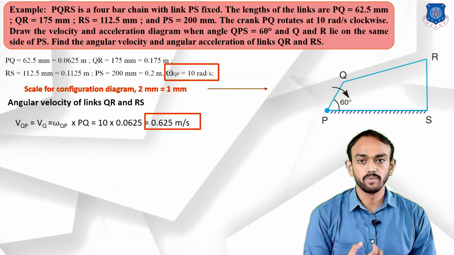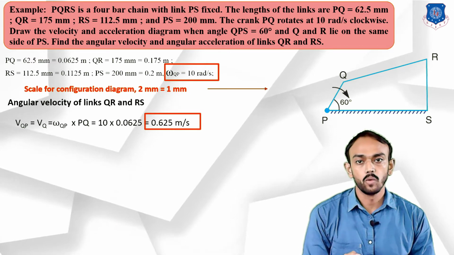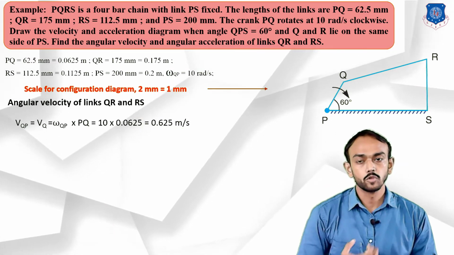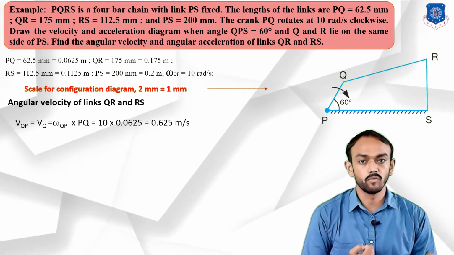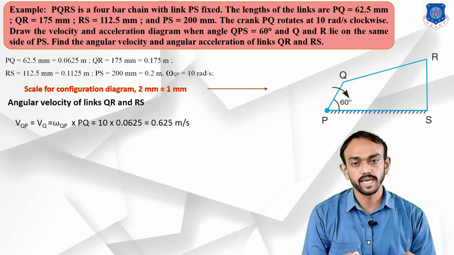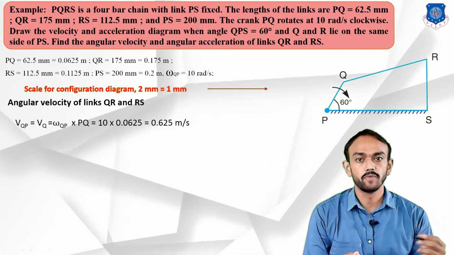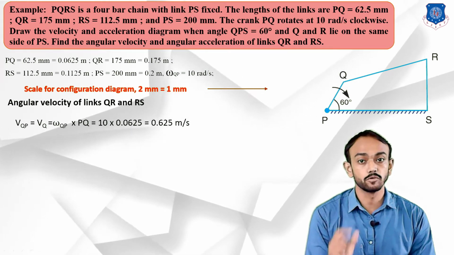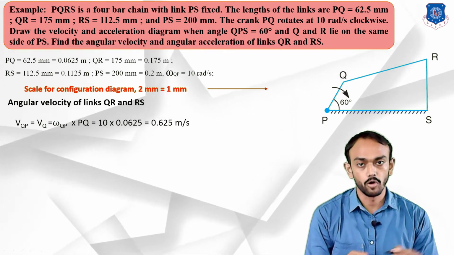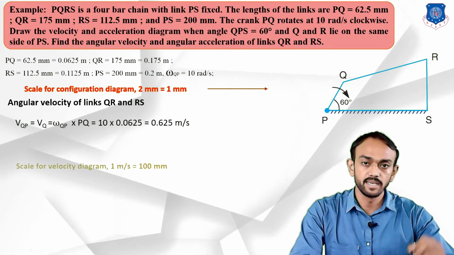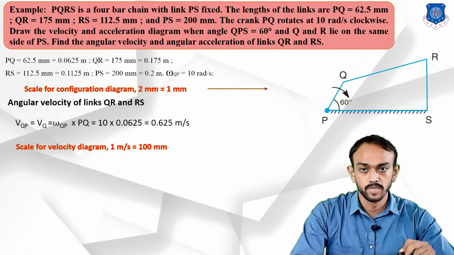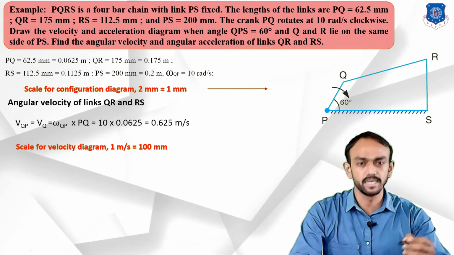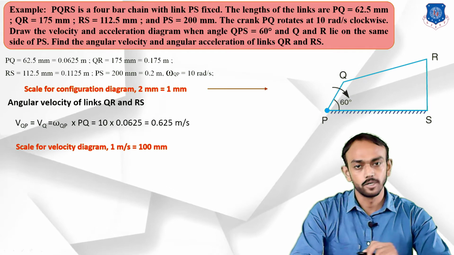For that, first of all we have to take a scale. Since 0.625 meter per second is a very small number, we have to take a larger scale so you can draw very easily. So we will take 1 meter per second equal to 100 mm. So this dimension will become 62.5 mm, around 6 centimeters, which is suitable for our drawing purpose.